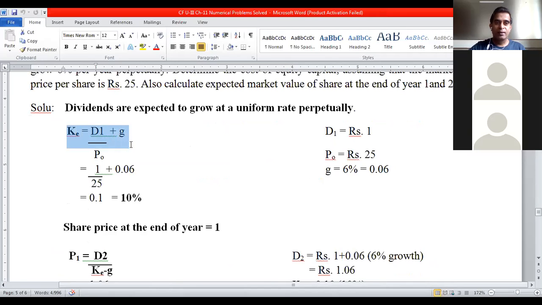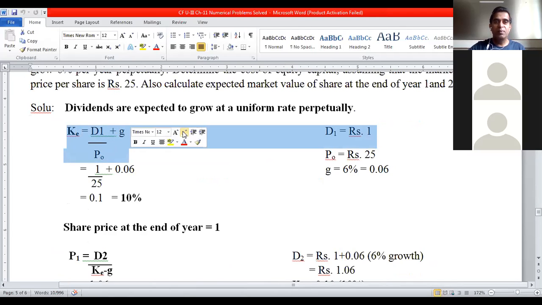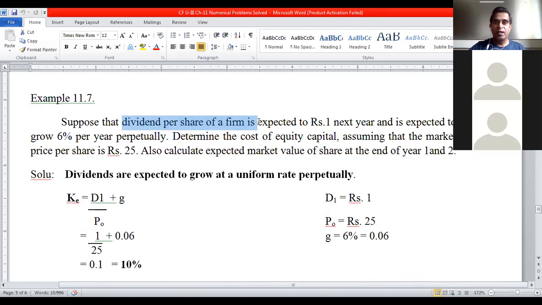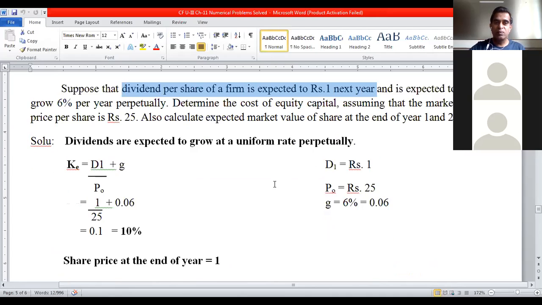KE is equal to D1 divided by P0 plus G. D1 here is nothing but the dividend expected. The dividend per share expected is 1 rupee next year, meaning after year 1, the dividend expected is 1 rupee, so we denote it as D1. That is the only change; otherwise, the equation is the same.